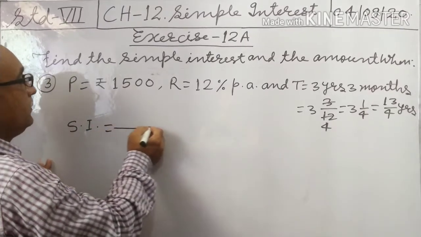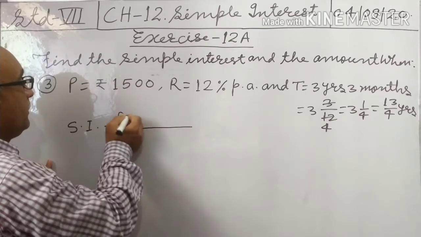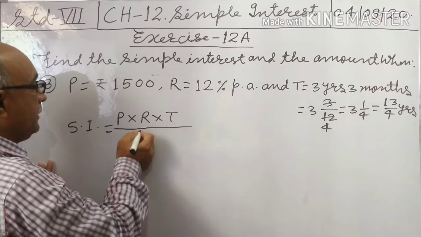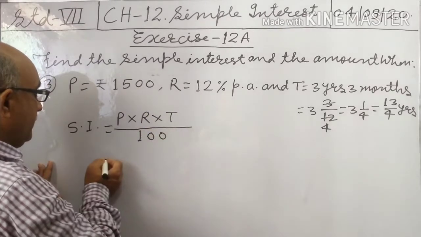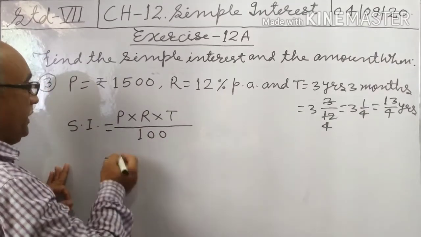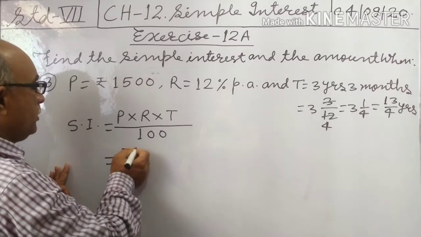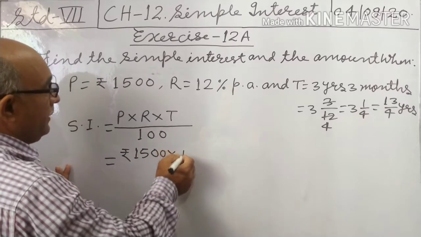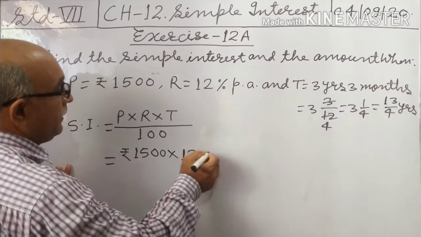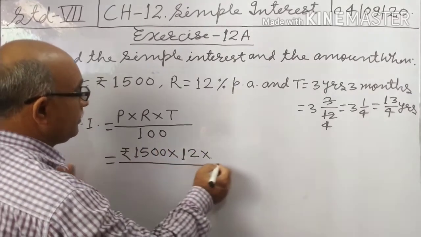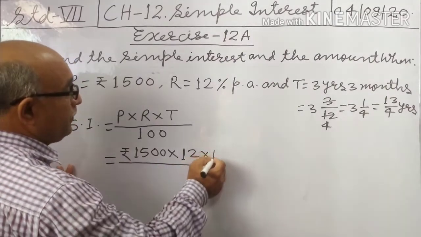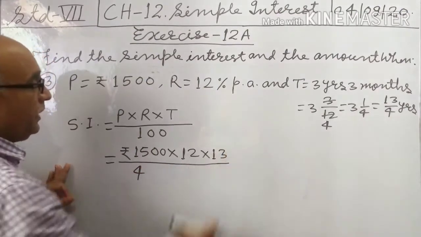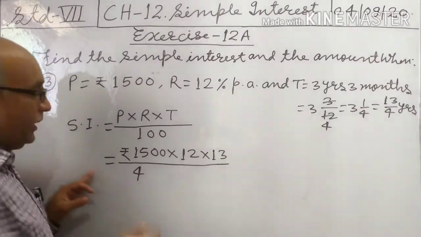Now find SI equal to P into R into T by 100. P equal to rupees 1,500, R equal to 12, T equal to 13 by 4. 13 is numerator and 4 is denominator.